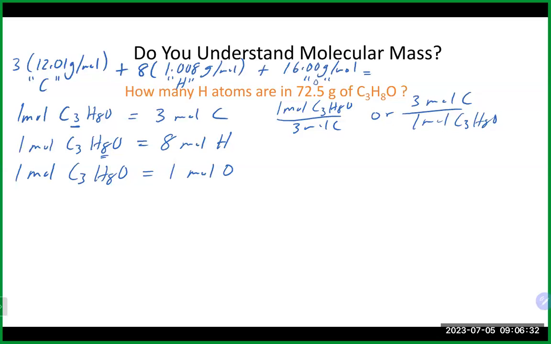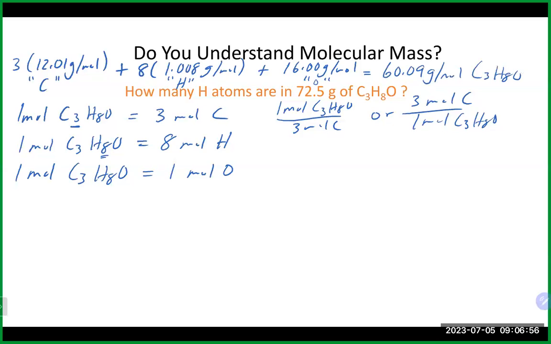So if we add all that together here, 3 times 12.01 plus 8 times 1.008 plus 16, that's going to give us 60.09 here. So we got 60.09 grams per mole. That would be our molar mass here for our formula.